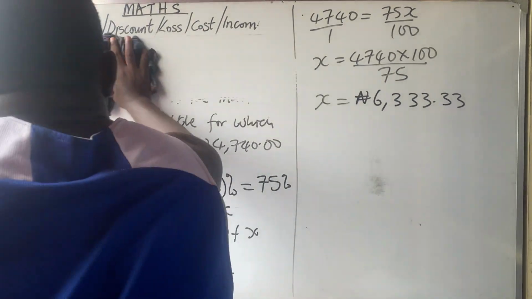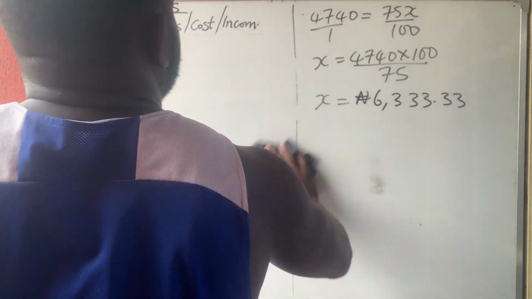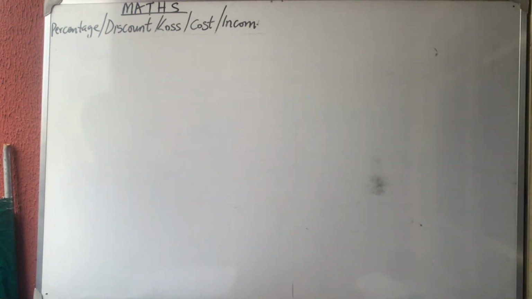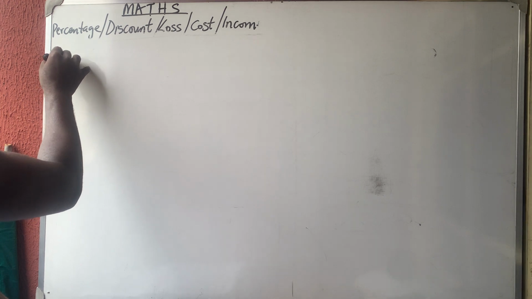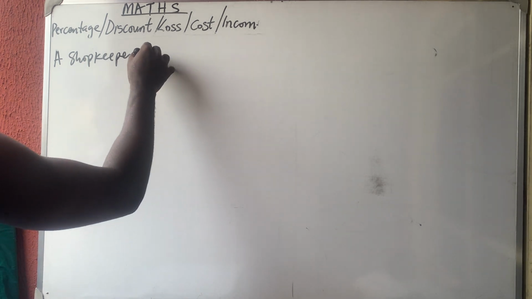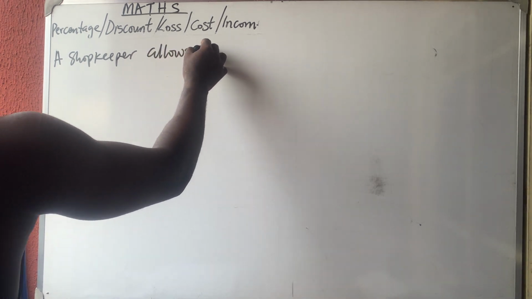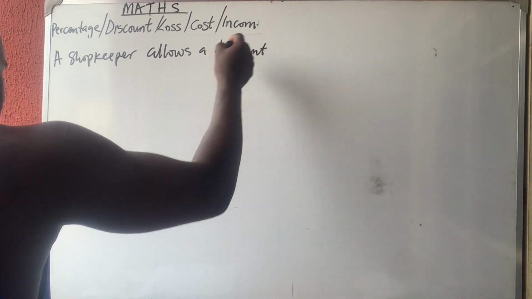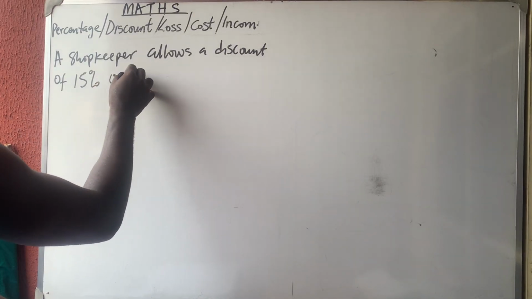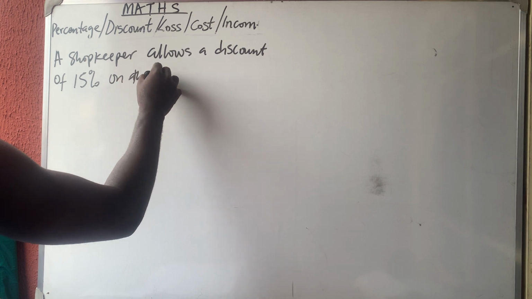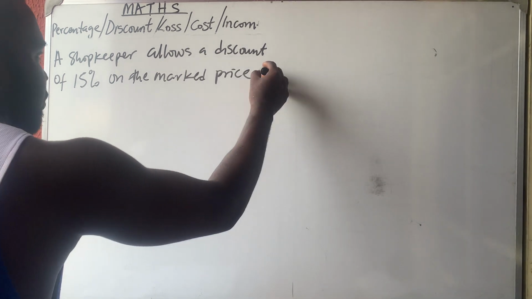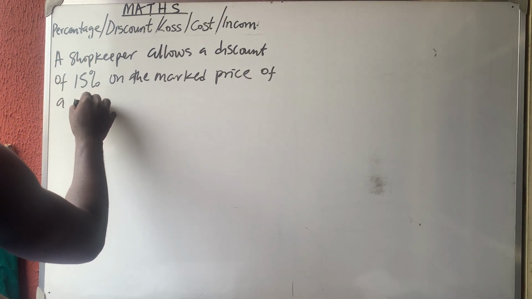So let's solve the last question here before we enter the next one. The last question here said a shopkeeper allows a discount of 15% on the marked price of a mobile phone.